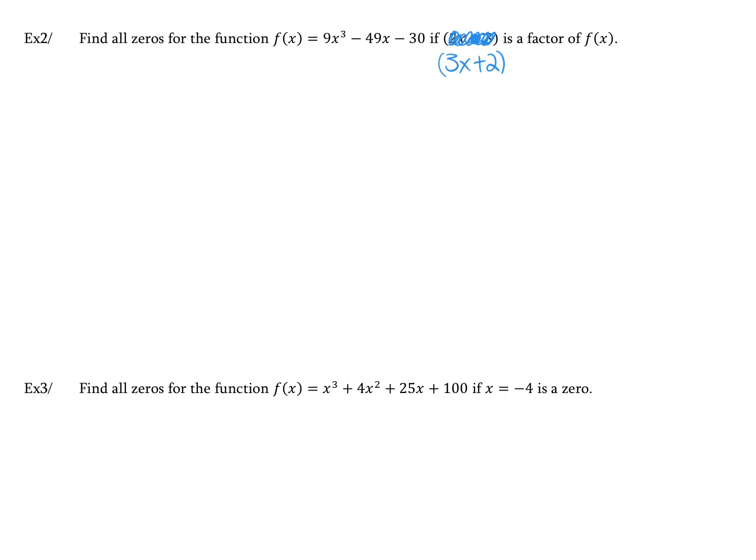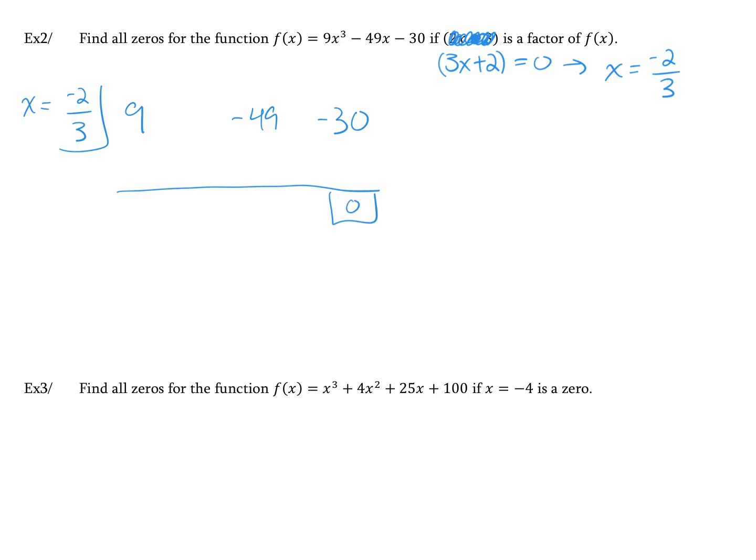And if it's a factor, that means the corresponding zero it produces, if you set it equal to 0 and solve for x, is a 0 for the function, which means if we come over here and set up a synthetic division for this function, then we can get a remainder of 0.